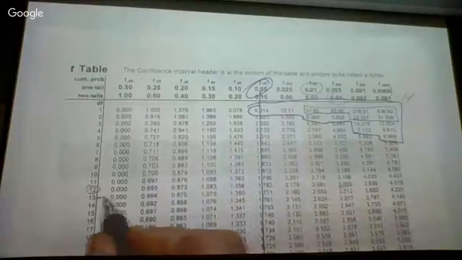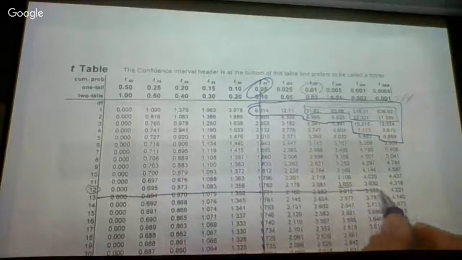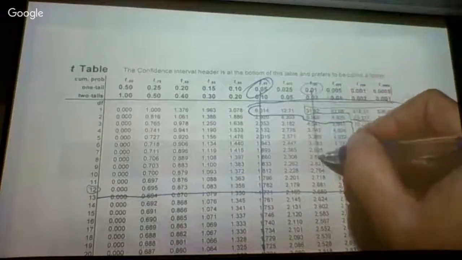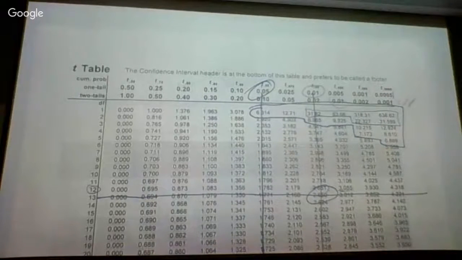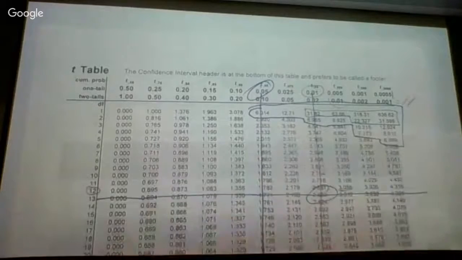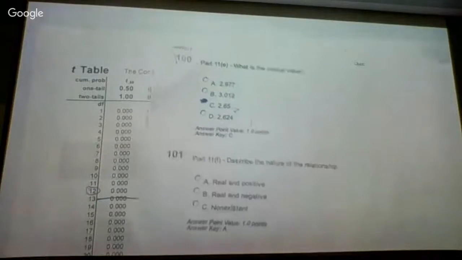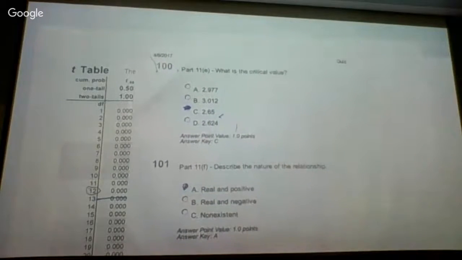Alpha was 0.01, and we had 13 degrees of freedom. Should be something around 2.65. We have an option that says 2.65. I think so. Question 101. The nature of the relationship, it is real and it is positive.